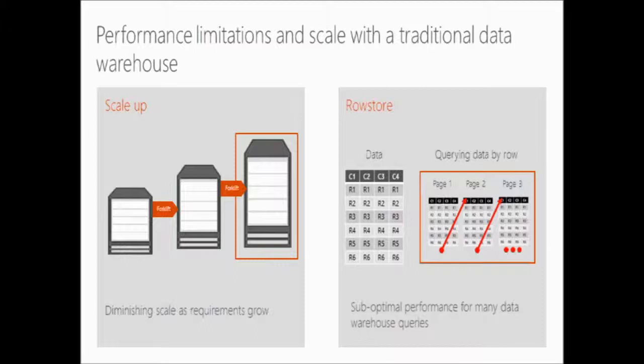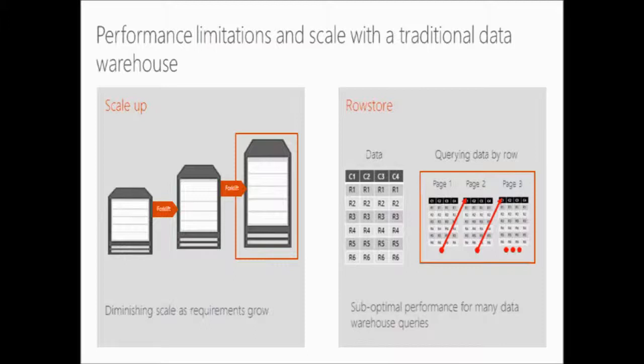You get rid of your old hardware and replace it with higher-end hardware, so you are spending more and more money on hardware. And at some point, even if you are willing to pay more money for a faster system, there is a physical limit on the number of CPUs and the amount of memory you can have on a box. Because of that, we need a different solution than a scale-up solution.